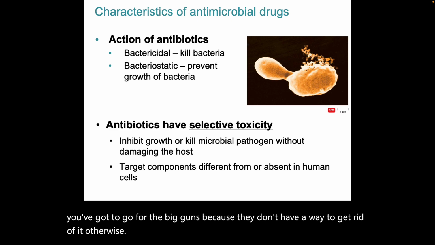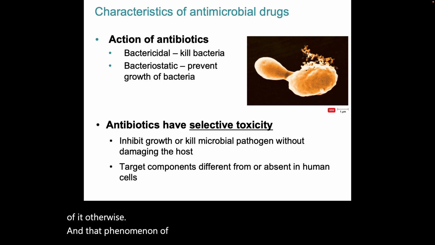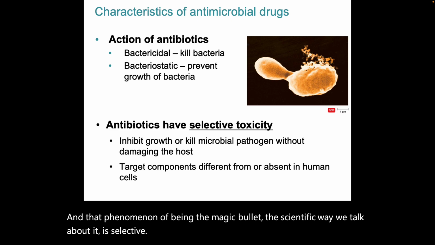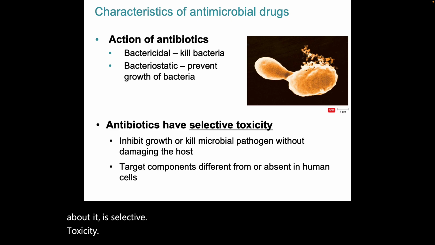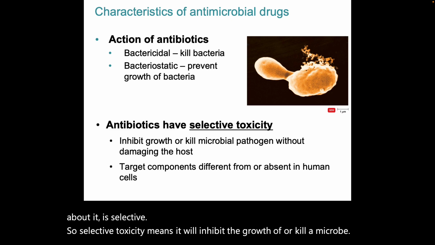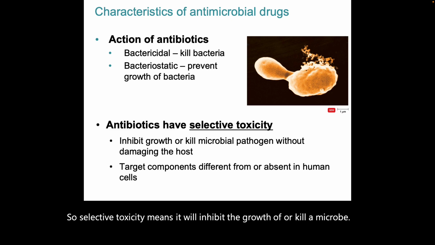And that phenomenon of being the magic bullet, the scientific way we talk about it, is selective toxicity. Selective toxicity means it will inhibit the growth of or kill a microbe without damaging the host.